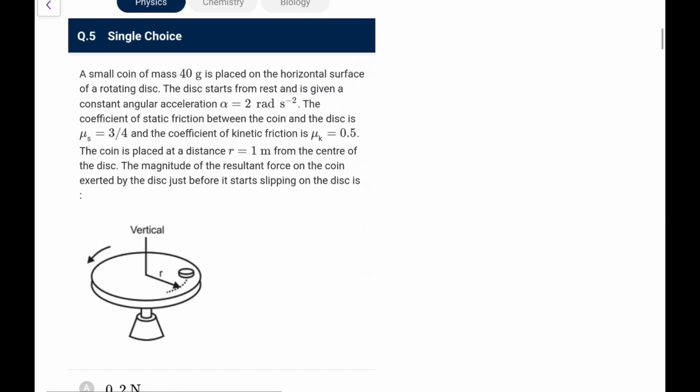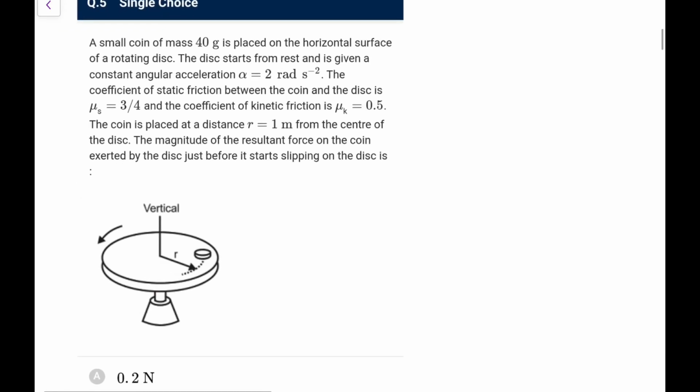Next, a small coin of 40 grams is placed on a horizontal surface of a rotating disc. The disc starts from rest and is given an angular acceleration alpha. The static coefficient of friction is 3 by 4, kinetic is 0.5. The coin is placed at a distance of 1. Find the magnitude of the resultant force on the coin exerted by the disc just before it starts slipping. When it just starts slipping, Fs acting would be Fs max, equal to 3 by 4 into mg, because N would be mg, and that is 40 into 10 to the power minus 3 into 10.